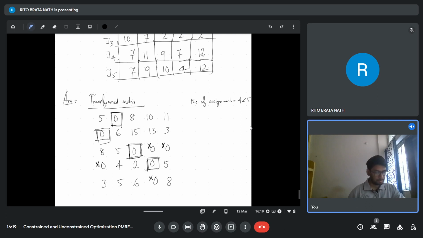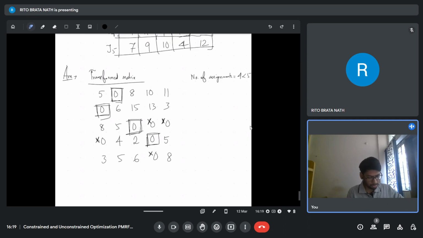Okay, so what you can do, yeah, the row that is not occupied. So this one you can put a tick here, and corresponding to that, wherever zero is occurring, you can put a tick there, right?